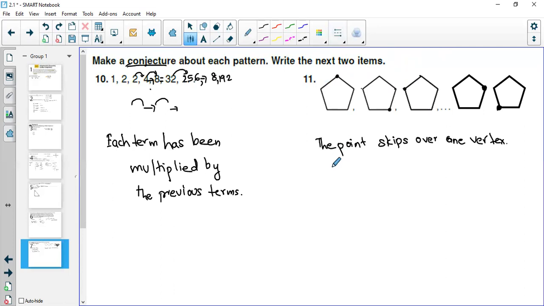So when you are writing a conjecture, give as detailed an explanation as possible. So the point skips over one vertex in the clockwise direction, so that the other person who is following the pattern could easily follow it. So make sure that you're giving clear instructions in the conjecture.